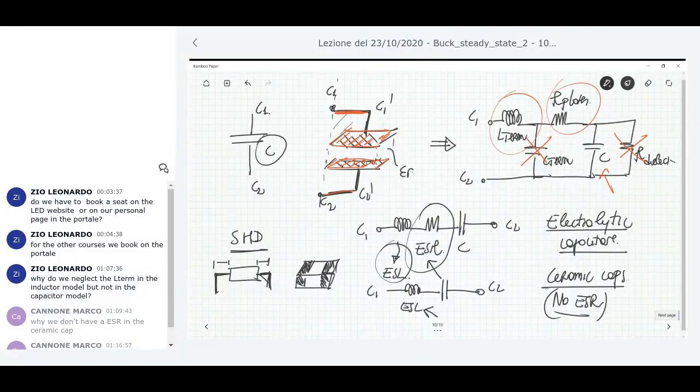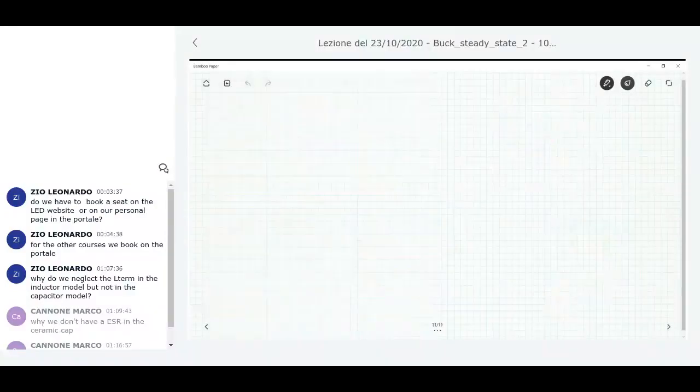But the main difference between electrolytic capacitors and ceramic capacitors is in the equivalent series resistance.